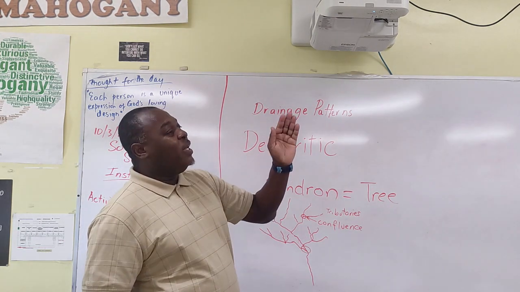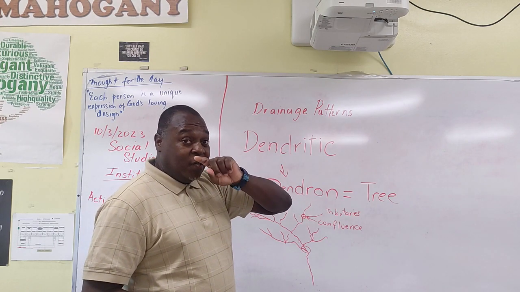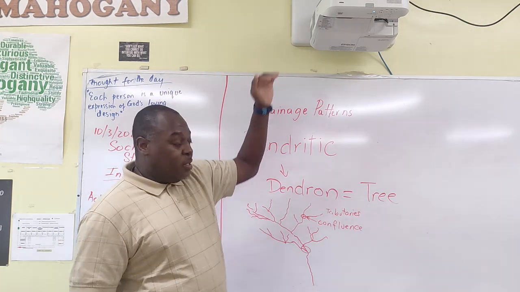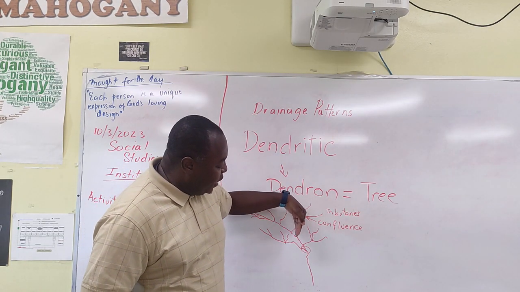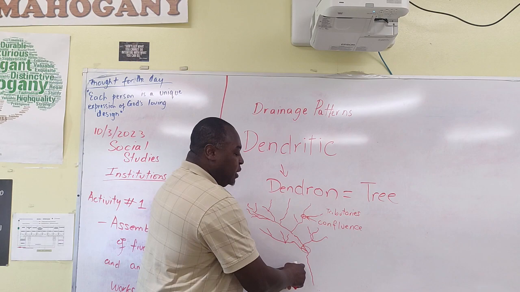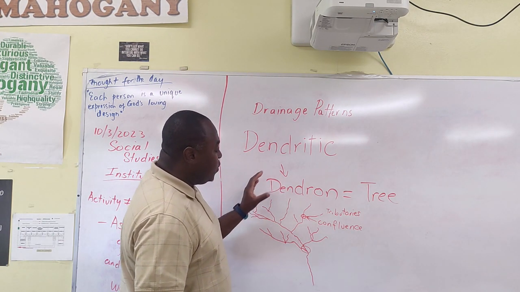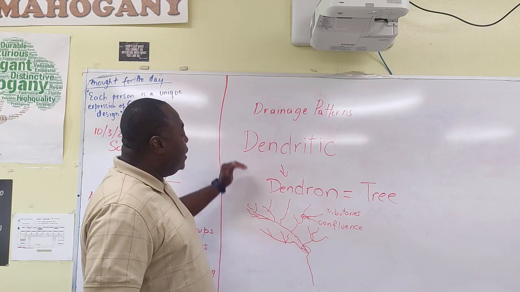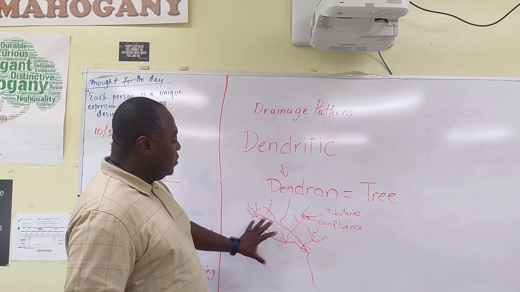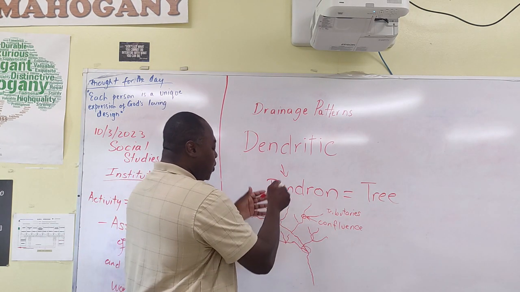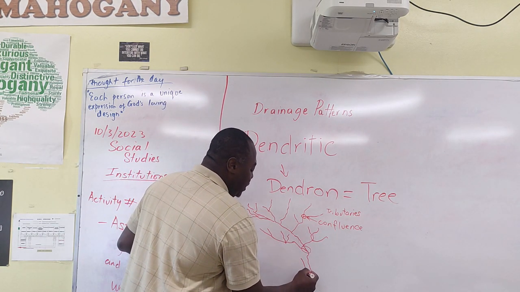Unless powered, water will not flow up a hill. So we know that it is flowing downwards and joining this main river here. So this is what a dendritic pattern looks like. It looks like a tree. Main trunk of the tree, and these are the branches. And the water will be flowing in this general direction.